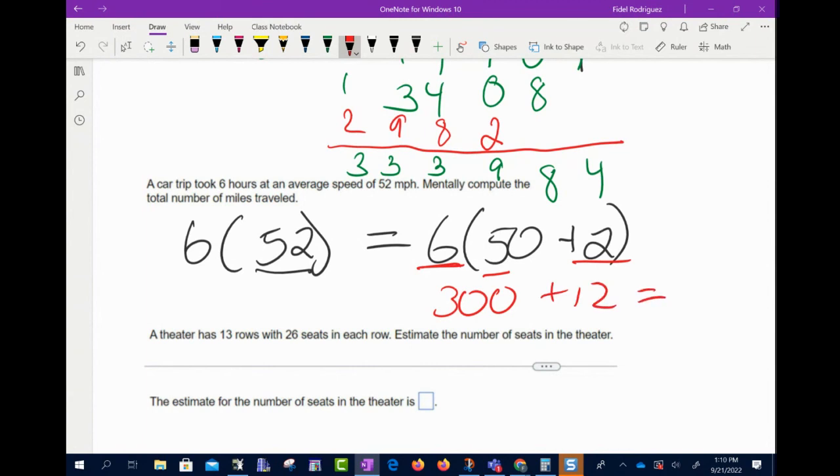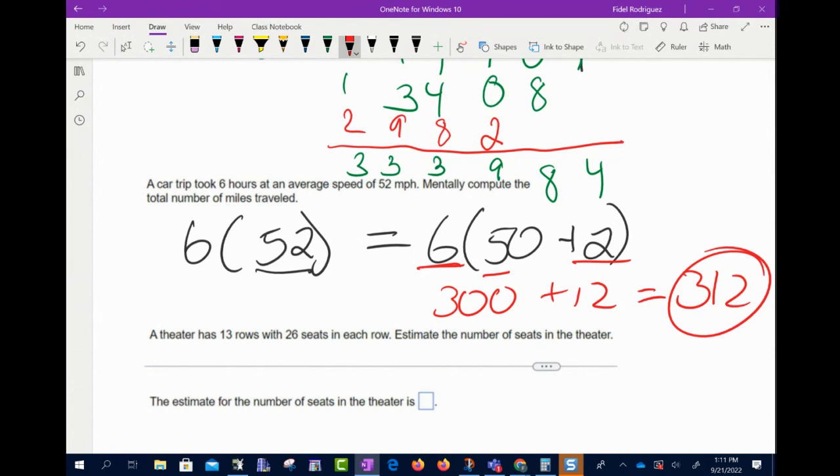So now if I have 300 plus 12, isn't that 312? That's sort of the idea on how you would do it mentally. You would think about 52 as 50 and 2 separately. So 6 times 50 is 300, because I know 6 times 5 is 30, and 6 times 2 is 12, and 300 plus 12 is 312. That's the idea behind showing mental math.